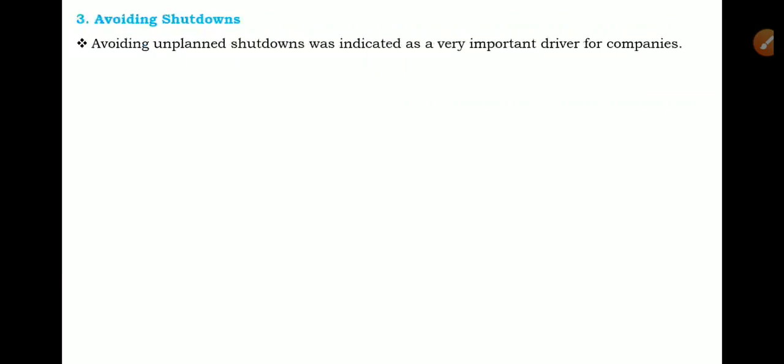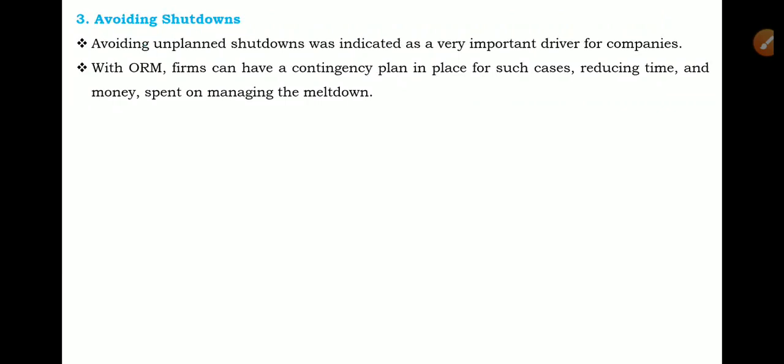Unplanned shutdowns bring enormous unexpected cost, which can seriously harm a company's profit as well as seriously hurt the firm's growth and expansion. If unplanned or unorganized shutdowns happen in the company, that will definitely affect the firm's growth and expansion. So because of that reason, they should avoid shutdowns.